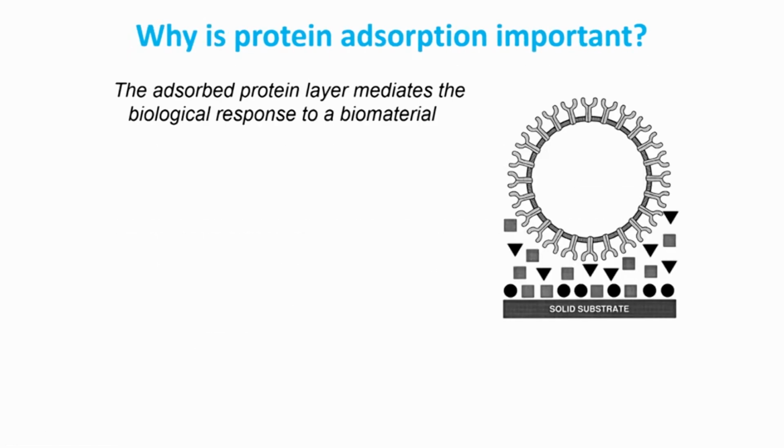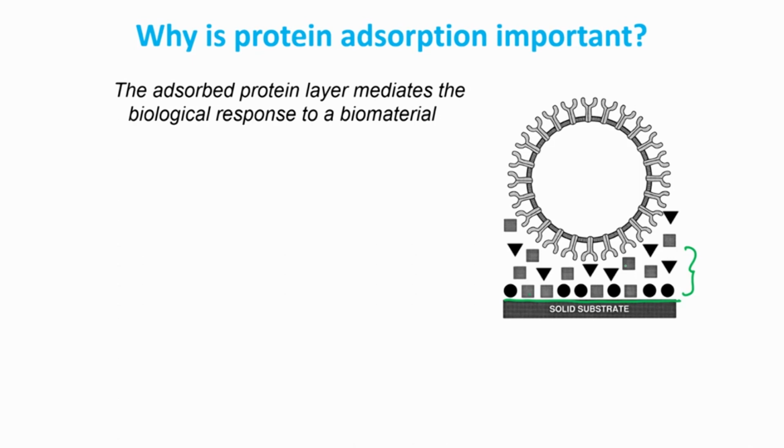So again, why is all this important? We again briefly already have talked about this, but if you have a solid substrate, the first thing that is going to interact is the proteins, and they will adsorb on the surface, and then when the cell comes, it will actually not be able to see the solid substrate surface, right. This surface is all hidden by this layer of protein.